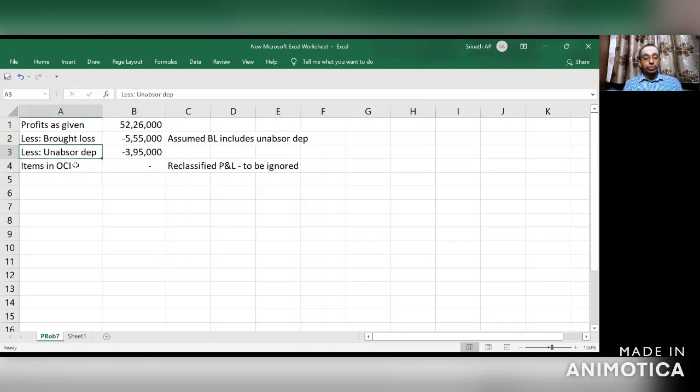You have to reduce these two. Then items that would be reclassified to P&L account have to be ignored. Items that would not be reclassified to P&L account, you will consider under that first step.